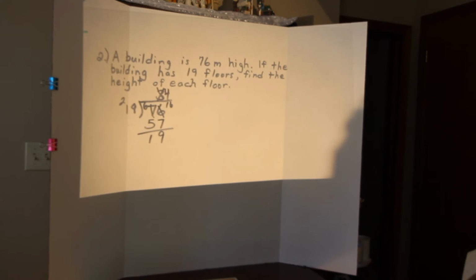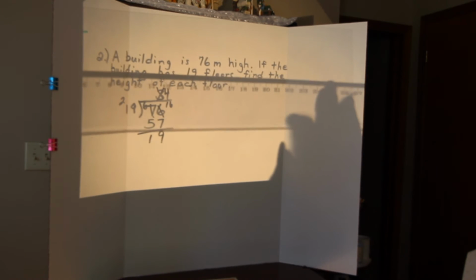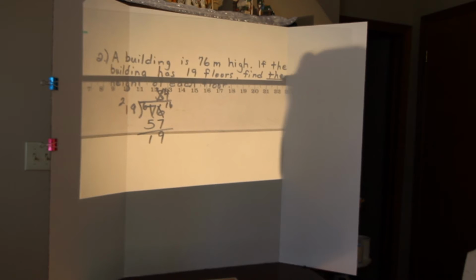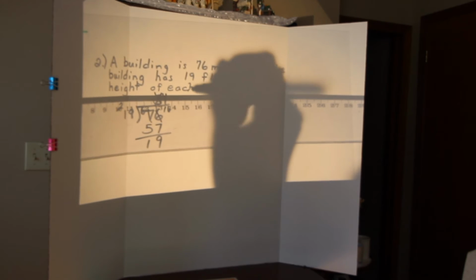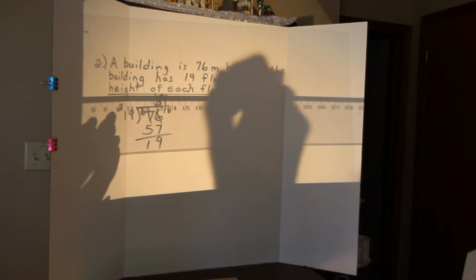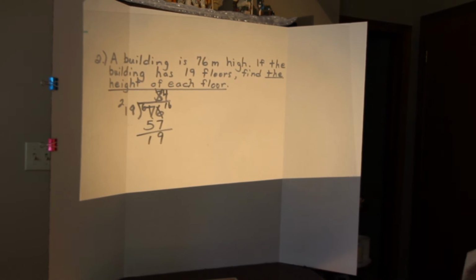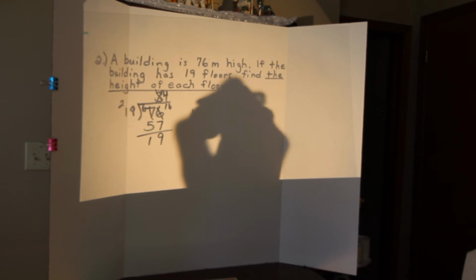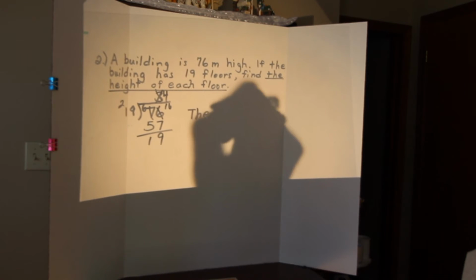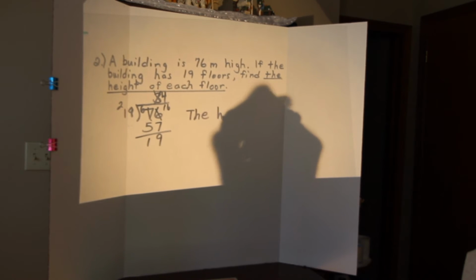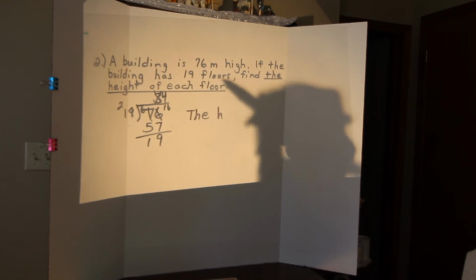So therefore, the height of each floor, that's what you're going to use for your sentence. The height, use a capital. Height is spelled right there, so you can use it.